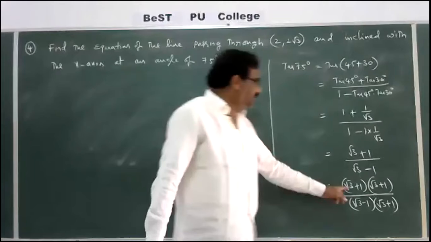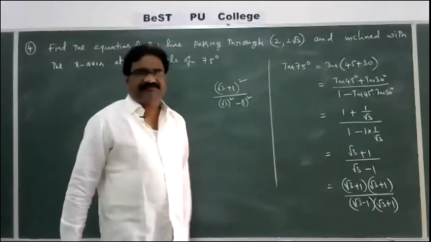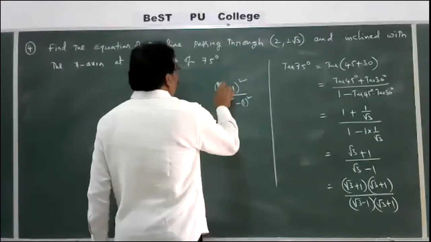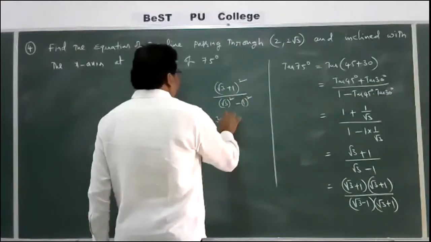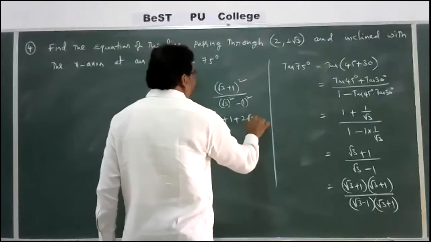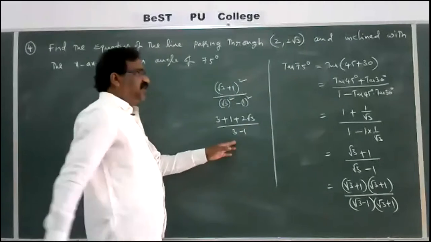In the numerator, root 3 plus 1 into root 3 plus 1 is root 3 plus 1 whole square. Using the a plus b whole square formula: root 3 whole square is 3, plus 1 square is 1, plus 2ab term, 2 root 3. In the denominator, root 3 whole square is 3, minus 1, that is 2.